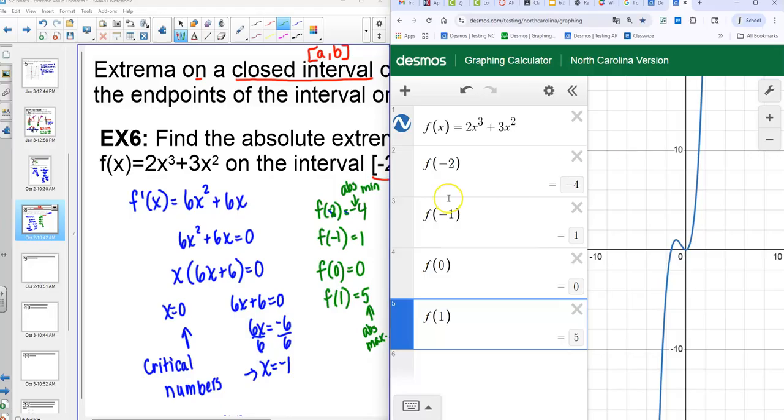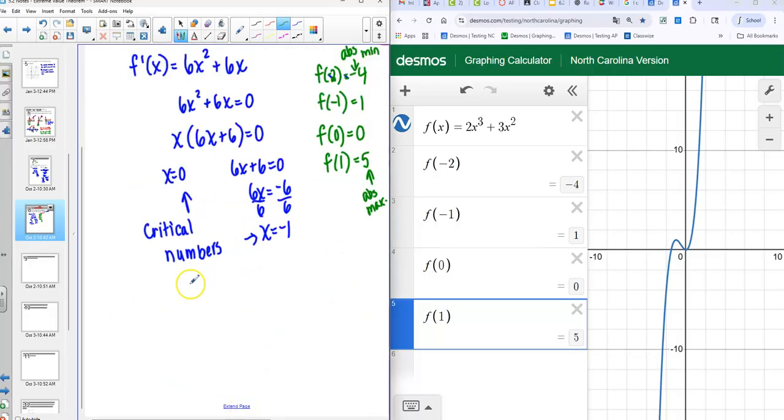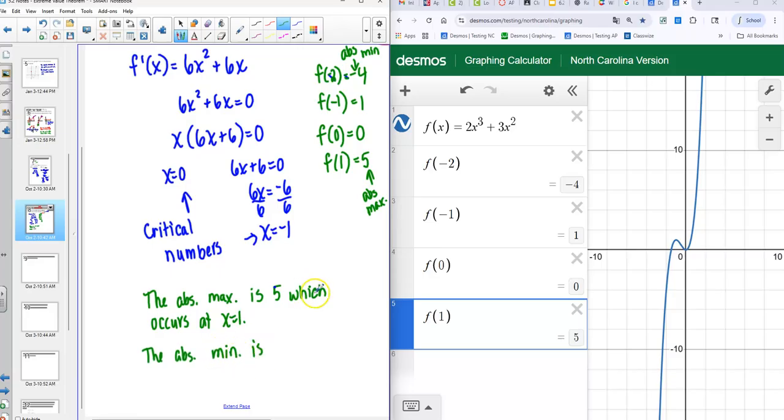If we're writing this really beautifully here at the end, we would want to make the conclusion: the absolute maximum is 5, which occurs at x equals 1, and we would say the absolute minimum is -4, which occurs at x equals -2.